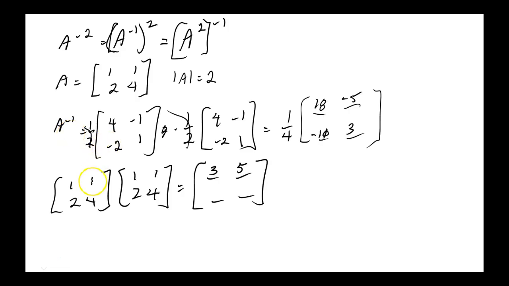The 2, 1 entry here is second row, first column. 2 plus 8 is 10. And the 2, 2 entry here, second row, second column, 2 plus 16 is 18. All right, so that gives you A squared.